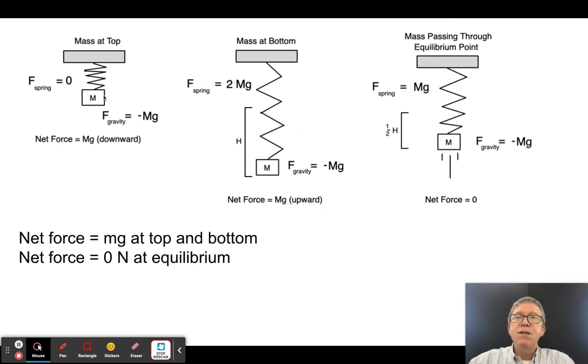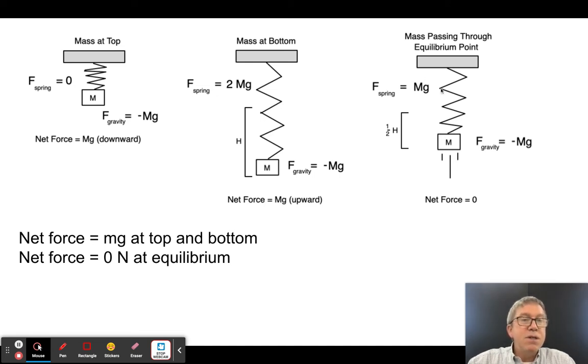So what that means then is when I put it at the top, the force of the spring is zero. The force of gravity is going to be, we'll call it in the negative direction, negative mg. So I have a net force of mg downwards. Now, I didn't like the way I wrote this, but it's too hard to change. So let's just go over here to say at the equilibrium point. When it's passing through the equilibrium point, be it on its way up or on its way down, what's going to happen?